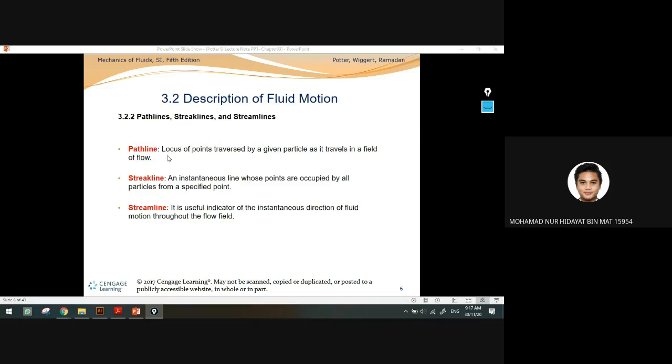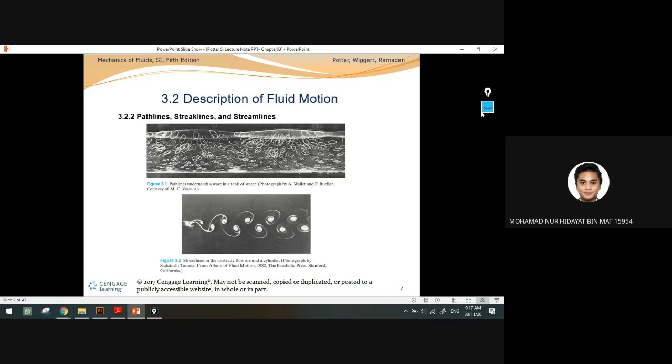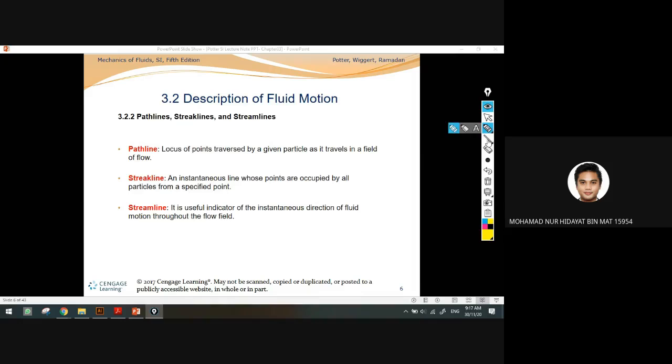Remember what locus is? Locus is a moving point. Something that is moving, we call a locus. The moving point traverses from one point to another by a given particle as it travels in the field.